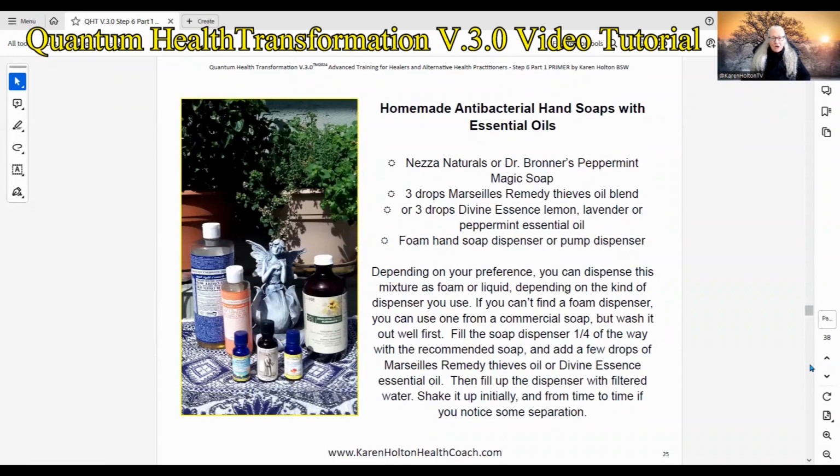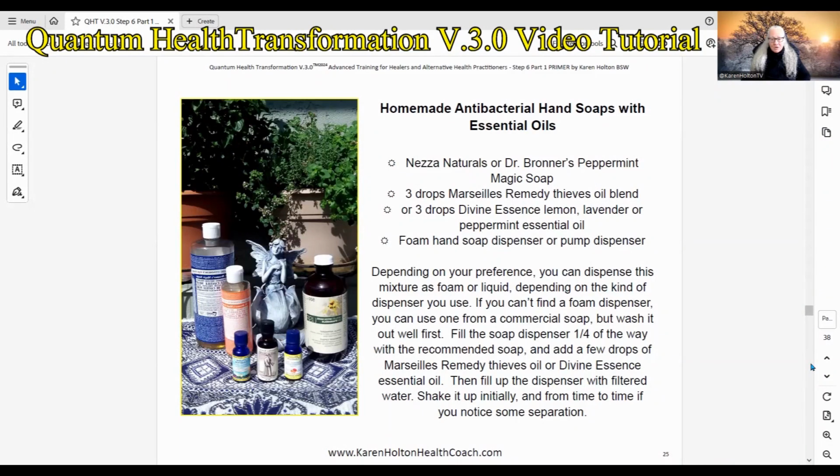So here's how to make your homemade antibacterial hand soap with essential oils. You will need Neza Naturals or Dr. Bronner's Peppermint Magic Soap, 3 drops of Marseille Remedy Thieves Oil Blend, or 3 drops of Divine Essence Lemon, Lavender, or Peppermint Essential Oil, and a foam hand soap dispenser or a pump dispenser.